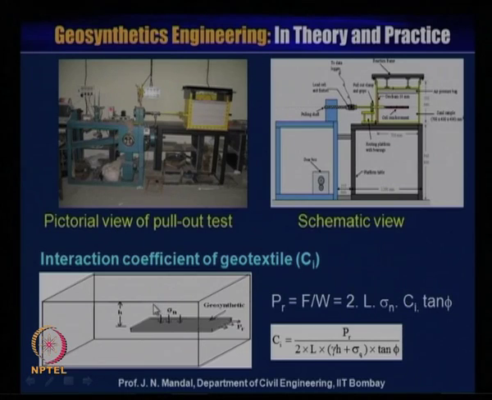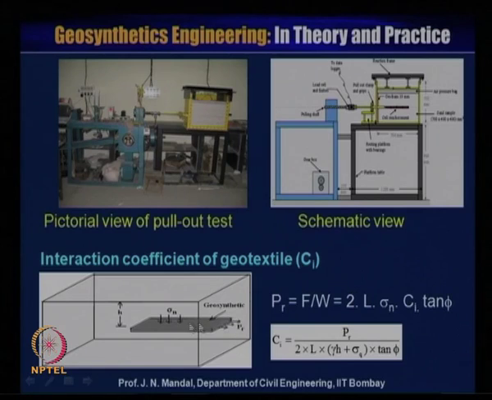If gamma is the unit weight of the soil here, and h is the height from the geosynthetic material to the top of the soil, then you can determine sigma n. This sigma n is equal to gamma into h, and there will be a surcharge load, let us say sigma q. So you can write sigma n is equal to gamma h plus the surcharge load sigma q.